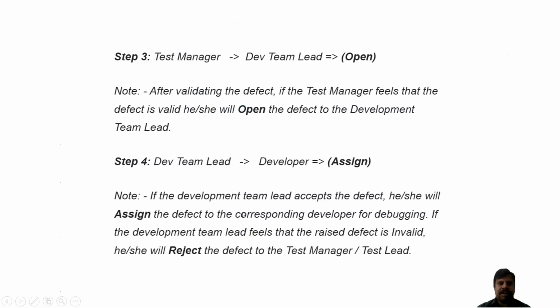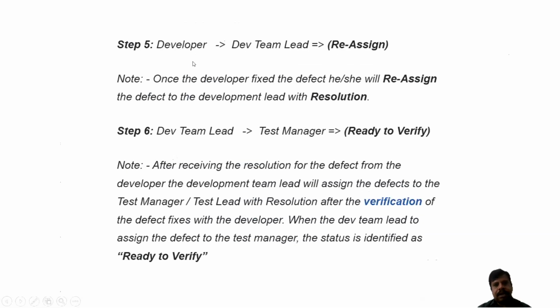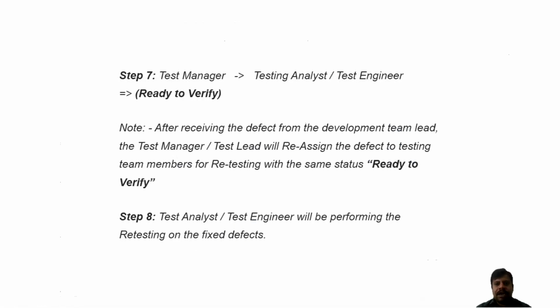So like that it will follow some steps. The developer again will be reassigning the task to the development team lead, and the development team lead again will be ready to verify the case with the test manager. Okay, the test manager again will be ready to re-verify with the testing analyst or test engineer.